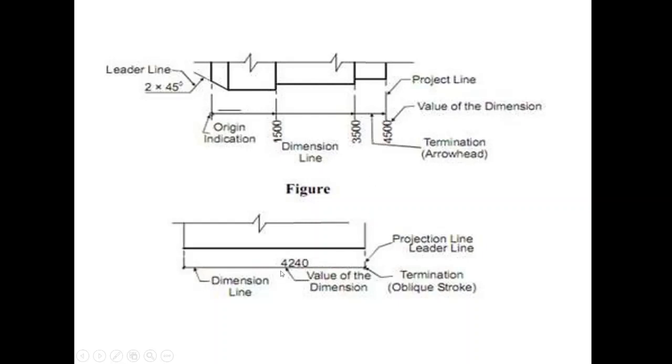Now keep in mind that the value of the dimension is written above the line. See, we can see that this is the dimension line. You should write the value of the dimension over this dimension line, as seen in this figure. Clear about the dimensioning?